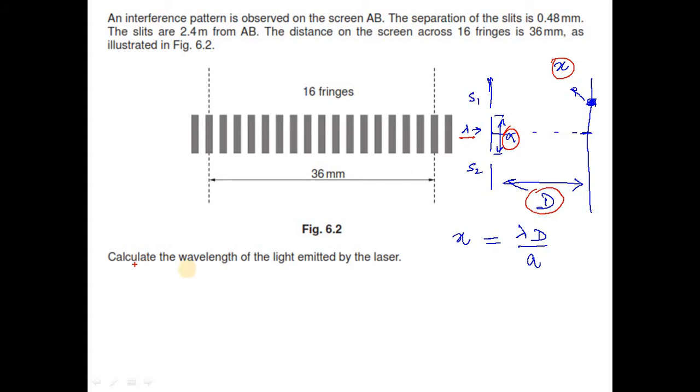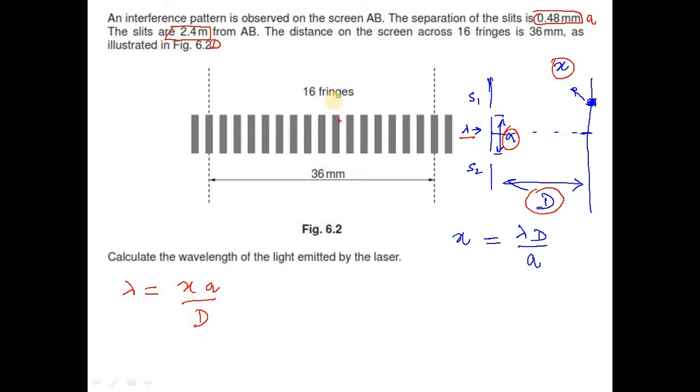And in our question we need to find the wavelength. Clearly, wavelength lambda would be equal to xA upon D. We have A, and we have D, but what about x? x is the fringe width of only one fringe.